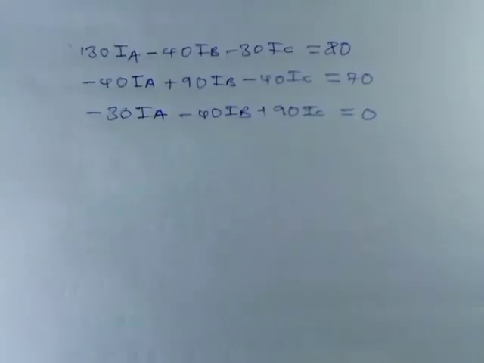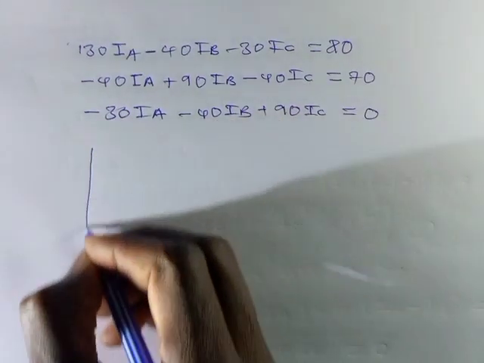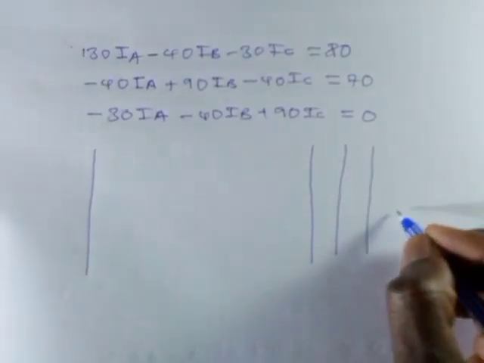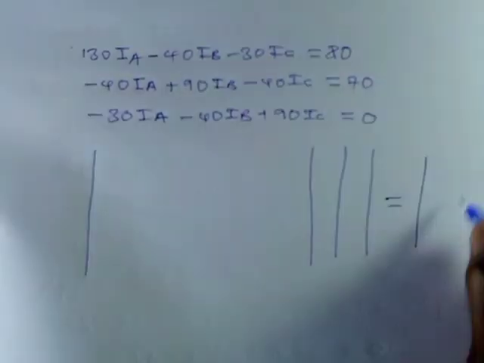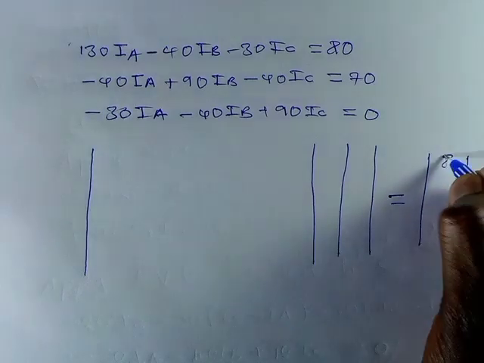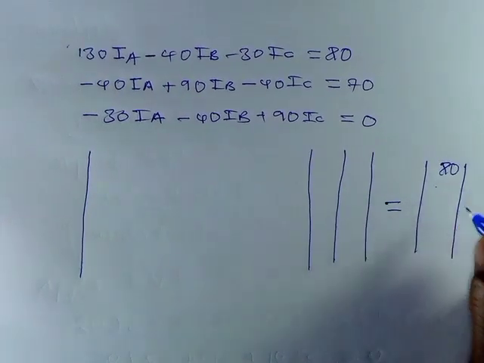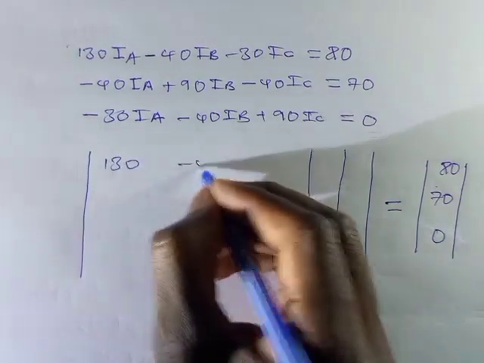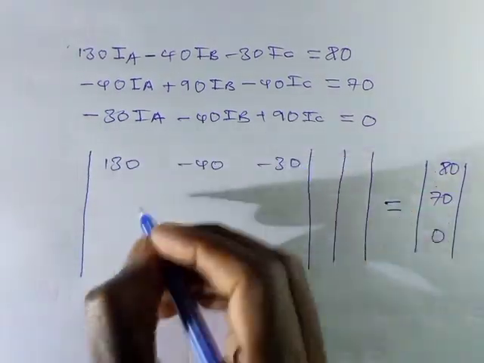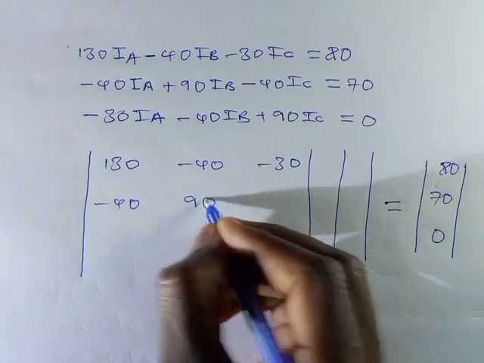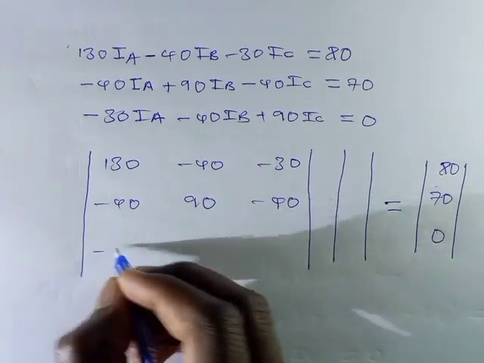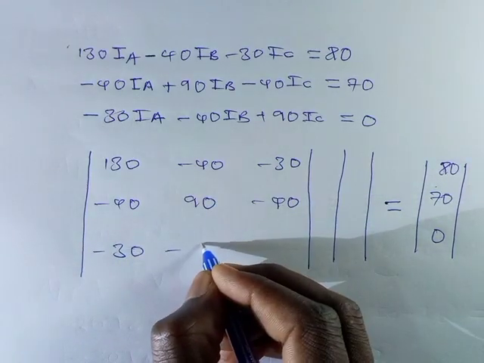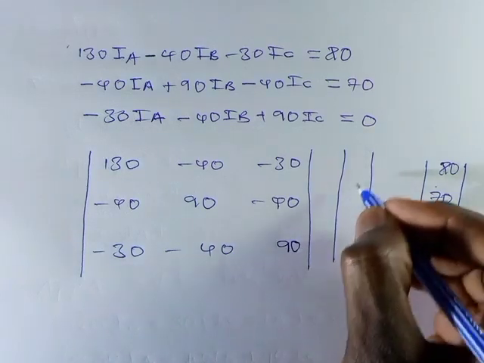So if you check, we are almost making a 3 by 3 matrix. How do you make a 3 by 3 matrix? It has to come out as, so we have 80, 70, 0, then we have 130, minus 40, minus 30, minus 40, 90, minus 40, minus 30, minus 40, we have 90.